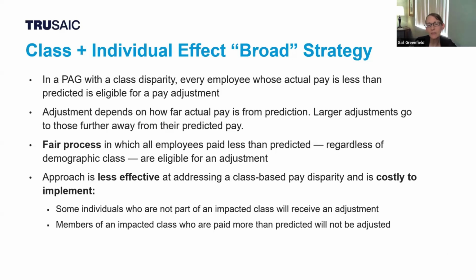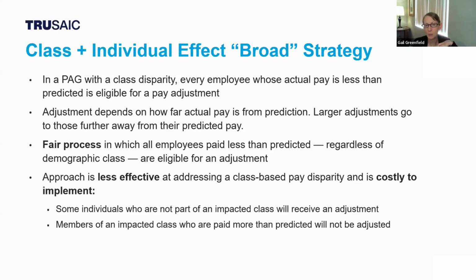We're specifically referring to this class plus individual strategy as a broad strategy, because if a pay analysis group has a disparity, we're going to be giving adjustments to everybody, regardless of their demographic characteristics, as long as their actual pay is less than predicted.